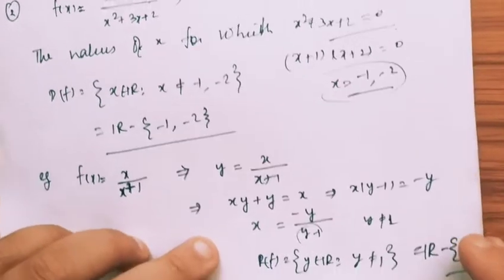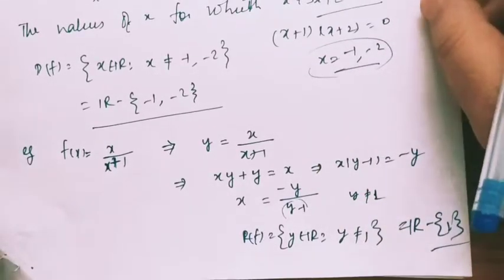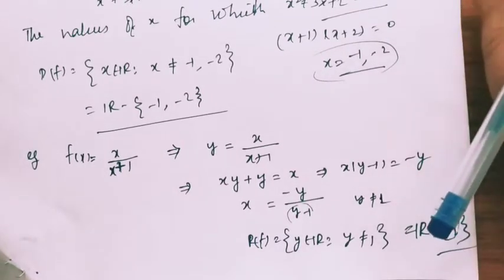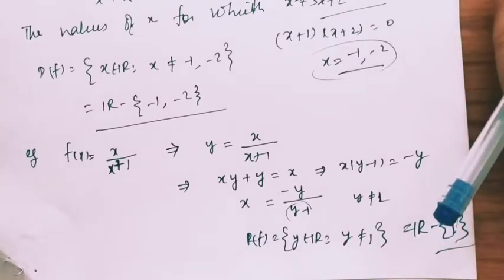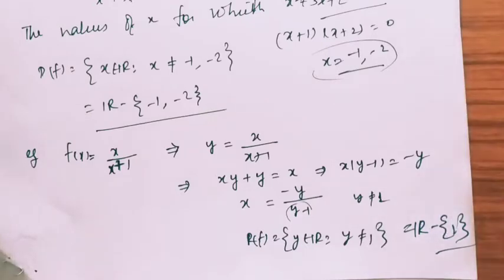So for rational functions, we have learned how to find the domain and the range. In the next lecture we will consider a few examples, especially of quadratic polynomials, so that you can have an idea of how to calculate the domain and range.